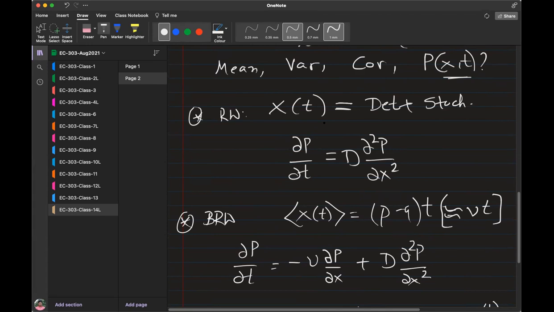The idea is to try to see if you can decompose each of these processes into deterministic and stochastic parts. In the pure unbiased random walk, there was no deterministic part, right? This was 0. And the stochastic part was that you jump randomly left or right with equal probability.